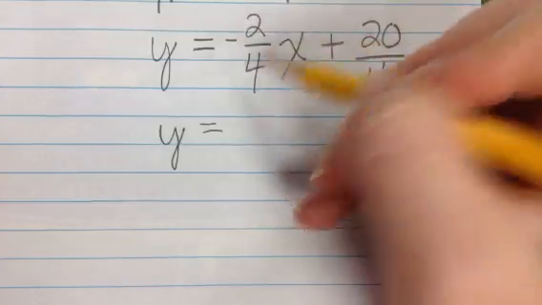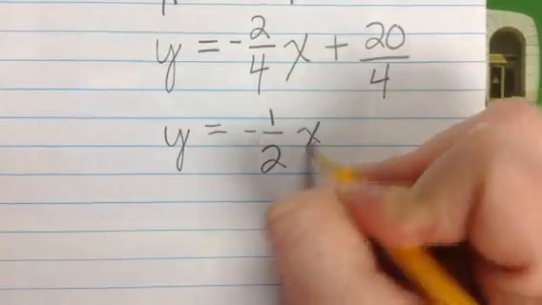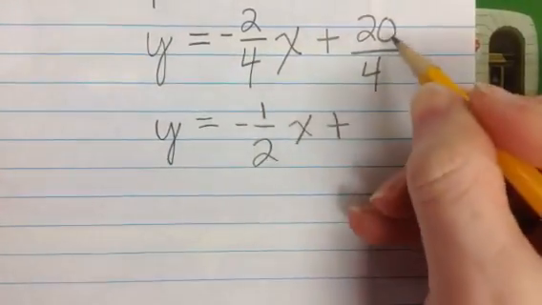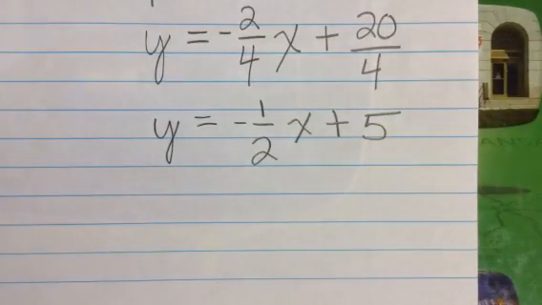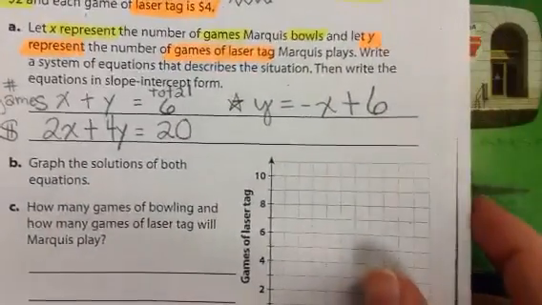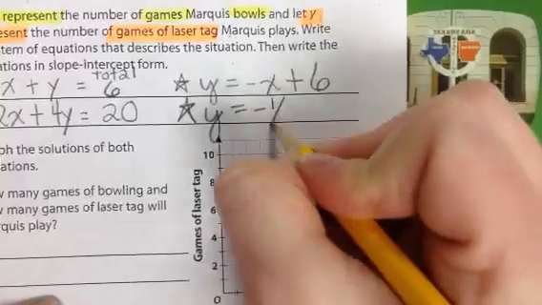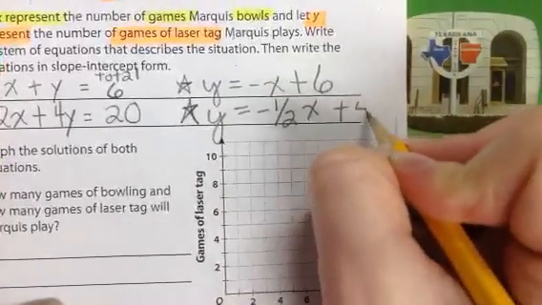A negative 2/4 will reduce to a negative 1/2 x, so that will be my slope. 20 divided by 4 is just 5. So we took that second equation and rearranged it so it would be easier to graph: y equals negative 1/2 x plus 5.